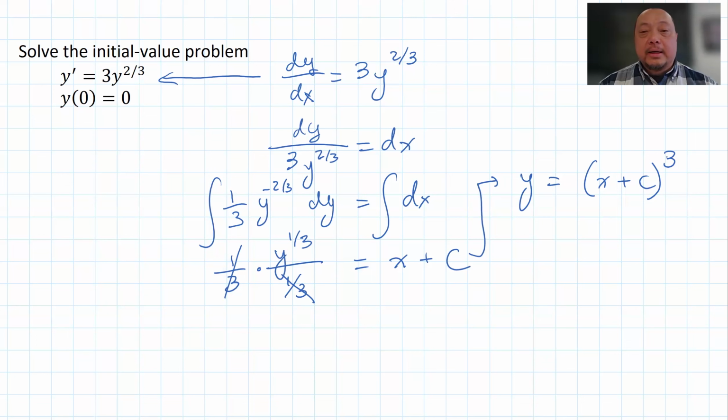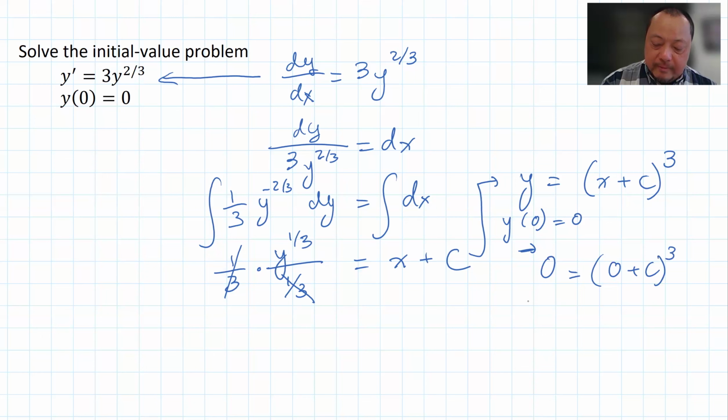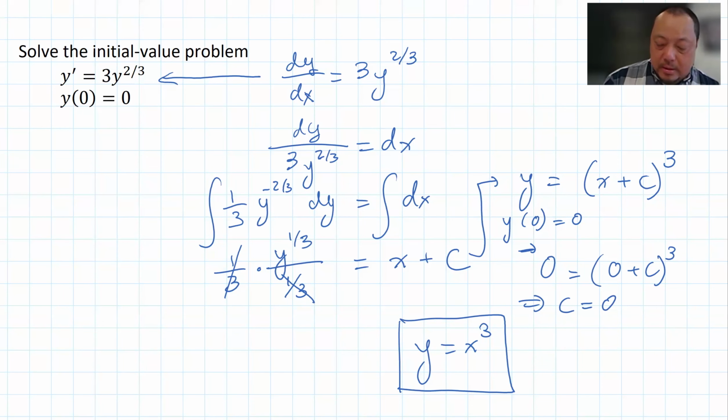Okay, done. Now I apply the initial value. Then on the left, I have 0. On the right, I have 0 plus c cubed. That means c equals 0. And my final answer is y equals (x plus 0) cubed, so that's just x cubed. Okay, that's the answer. Let's check.